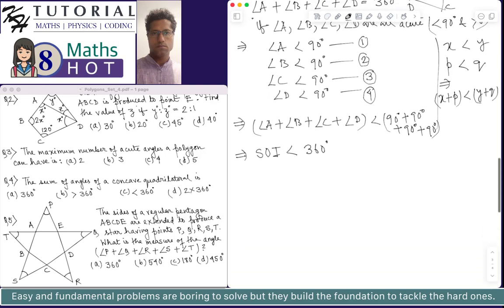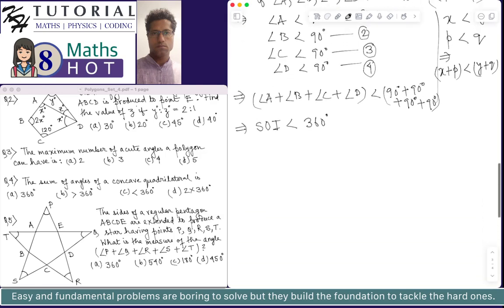Okay, let's see for n equals 5. For n equals 5, what should be the sum of the interior angles? That is, for a convex polygon having the number of sides as 5, the sum of interior angles will be equal to 180 degree multiplied by 5 minus 2. This is 540 degree.